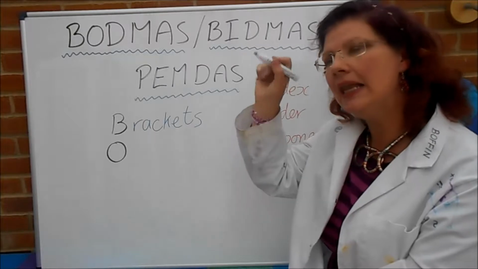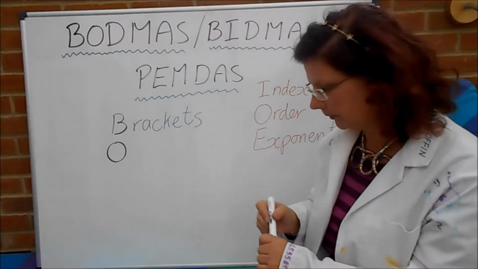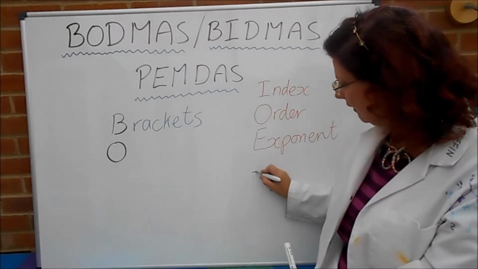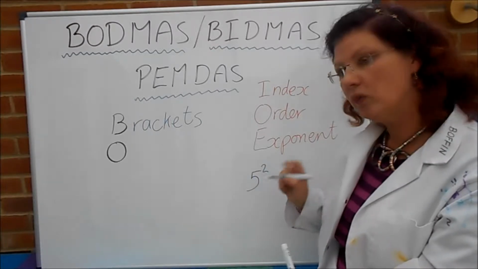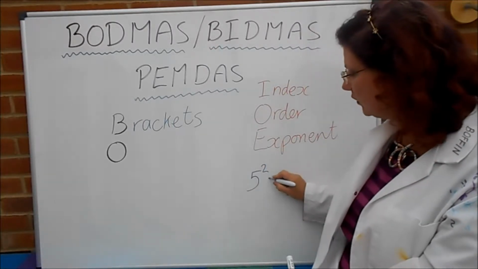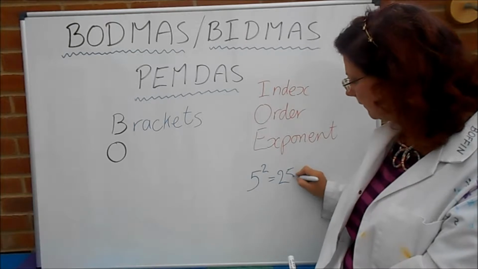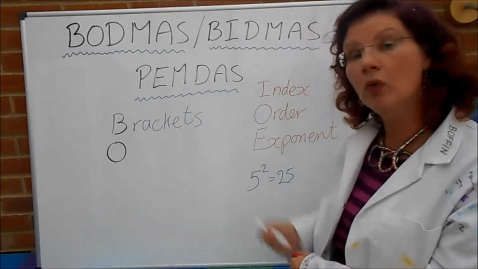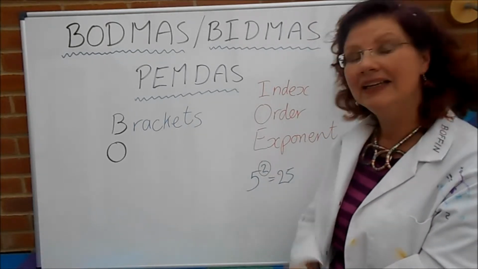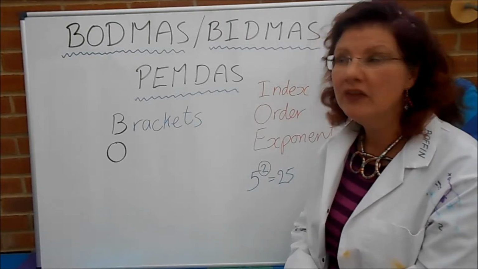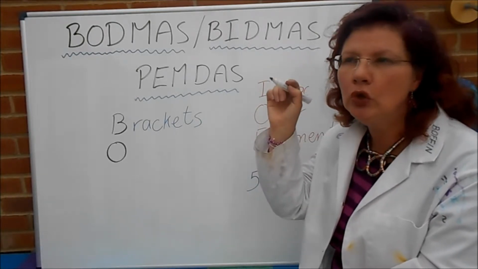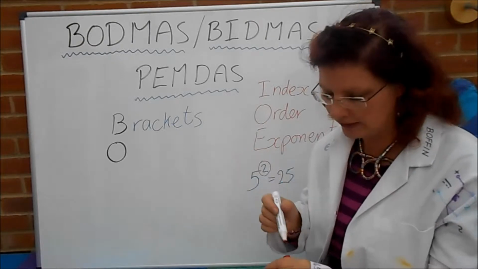And what they mean is that little number up at the top. So if we have something like 5 squared, which means of course 5 times 5, 5 squared is 25. And the exponent, or the index, is that little number up at the top. So it just means squareds and cubes and square roots and stuff like that.